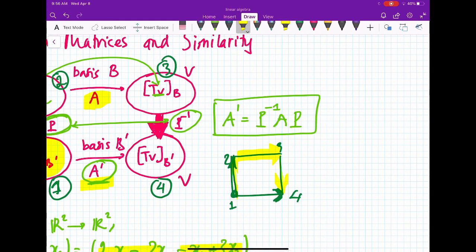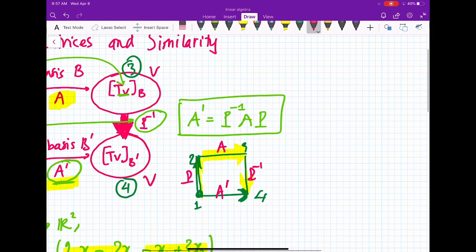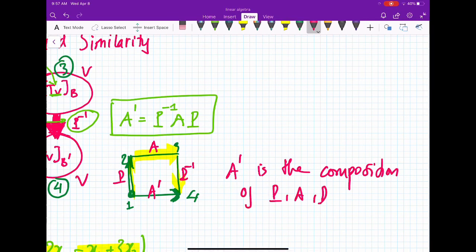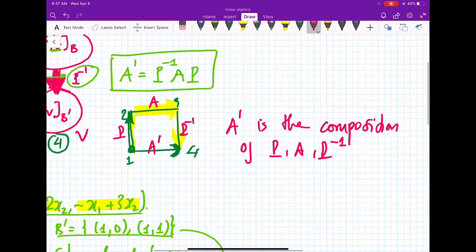Right? So if this is A prime, this is A, this is the P, that is the P inverse. So A prime is the composition, right, of P, A, and P to -1. Makes sense? So we already learned about that.